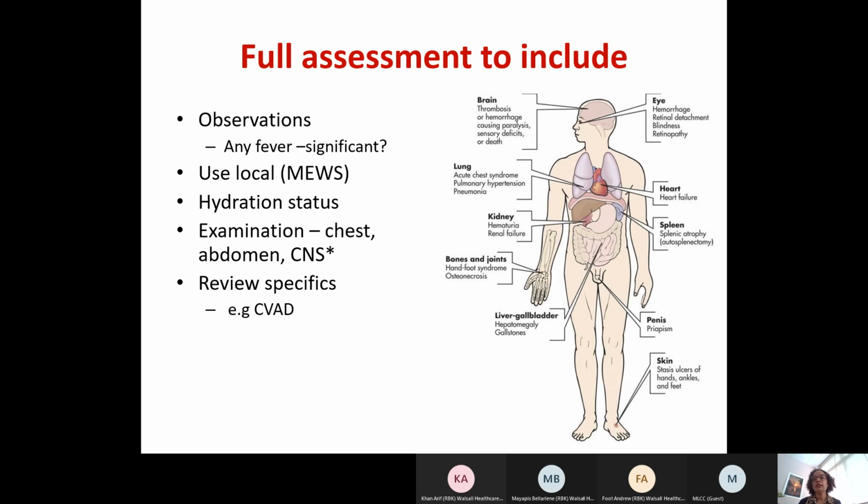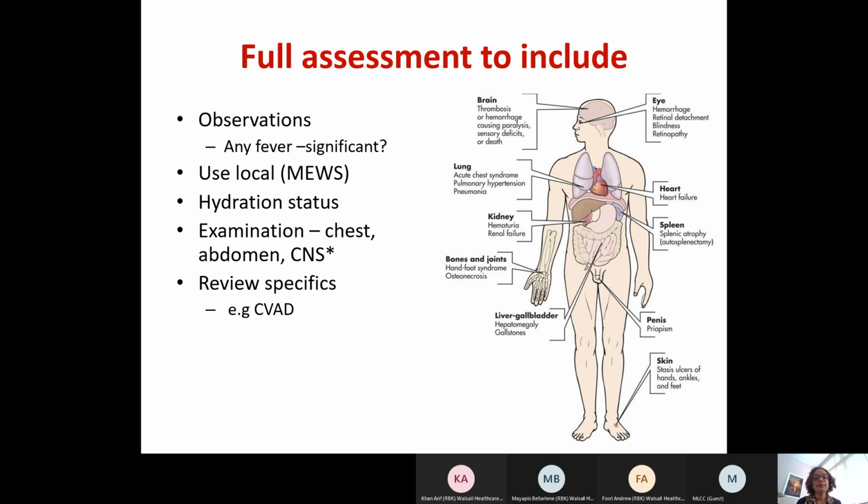So if somebody comes in acutely unwell, with clinical symptoms of anemia and shock, hypotension and a new palpable spleen, for example, those could indicate things such as a splenic sequestration. A full CNS examination, again, that could be quite tricky if somebody's in quite a lot of pain, but would be important if somebody has presenting signs to suggest an acute stroke.